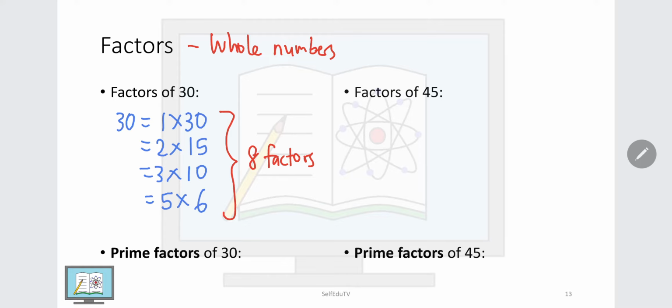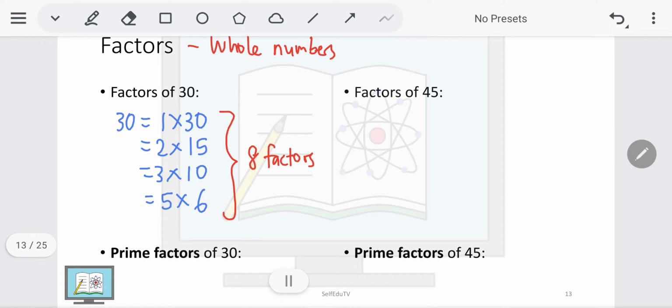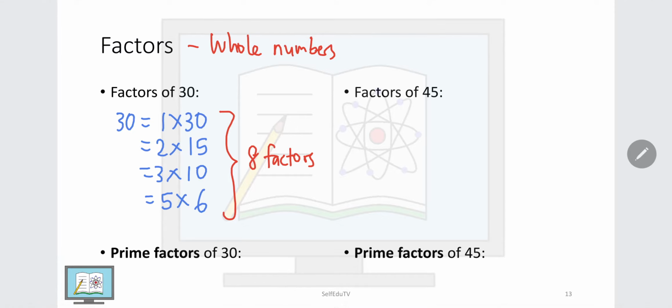So how about 45? Let us list all the factors of 45. Start with 1 multiplied by 45. 45 is indivisible by 2, so I skip to 3. 3 times 15. 45 is indivisible by 4, so the next will be 5. 5 times 9.